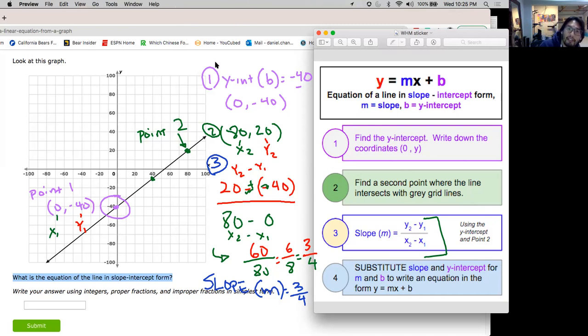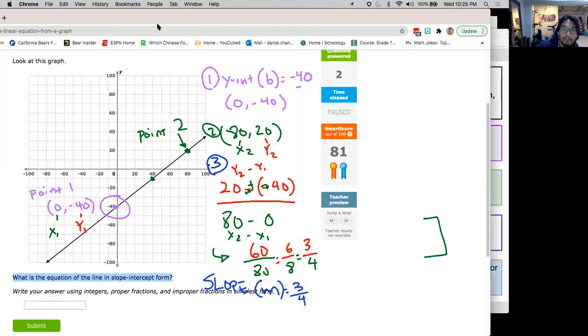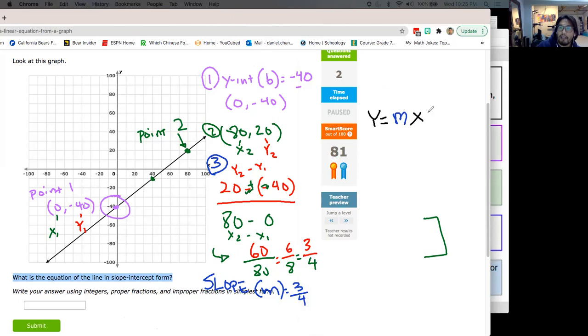So here we go. Let's do that. So your generic equation is y equals mx plus b.